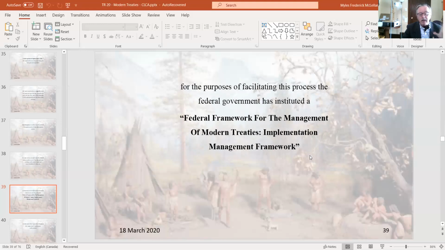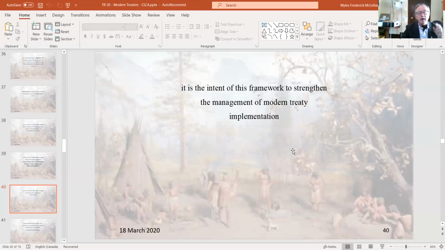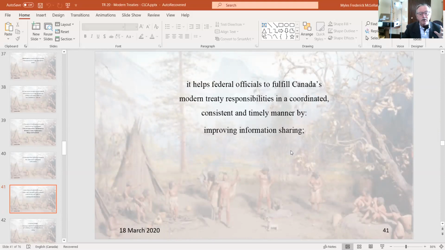That's a long title for basically saying, here is a document that says how the treaty is to be implemented. It is the intent of this framework to strengthen the management of modern treaty implementation. Clearly it is the intent of the federal government, the relevant provincial government, and the Indigenous group involved in the modern treaty that it is treated with the respect that it deserves, and also with the legality that it deserves.